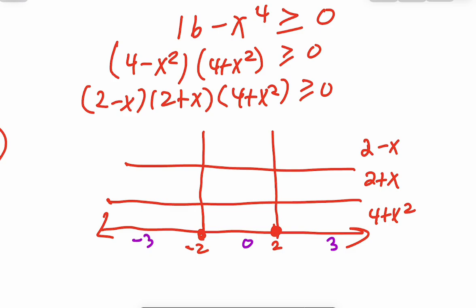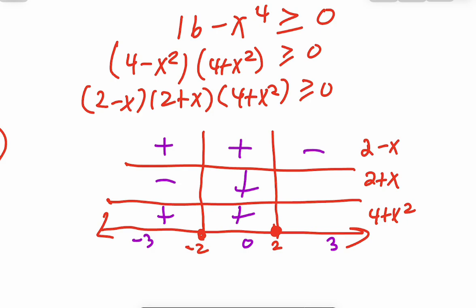Isn't that amazing? If we plug -3 into the top, we get +5. If we plug -3 into the middle, we get -1. If we plug -3 into the last one, because we have to square it, it becomes 4 plus 9, which is a positive. Plug in 0, we get +2, +2, and +4. Let's plug in 3.